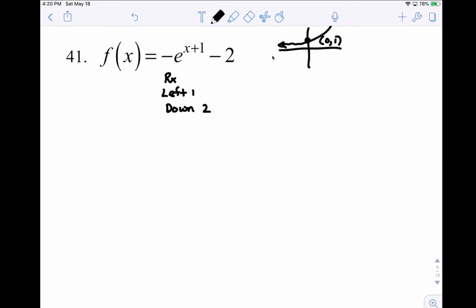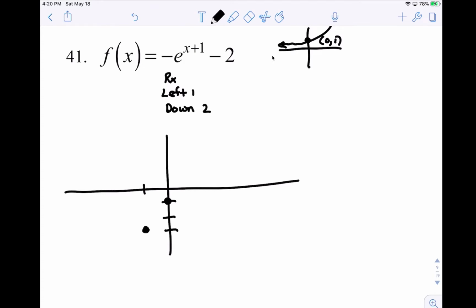Okay, so if I flip it over the x-axis, then I'm going to be at 0, negative 1, right? Now if I move that left 1 and then down 2 from where it's at right now, that's going to put me at negative 1, negative 3.